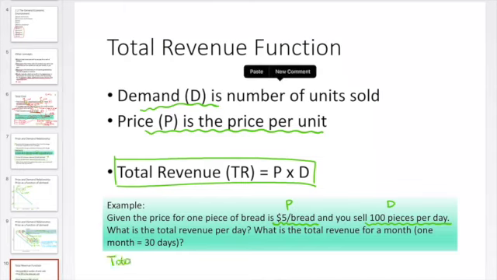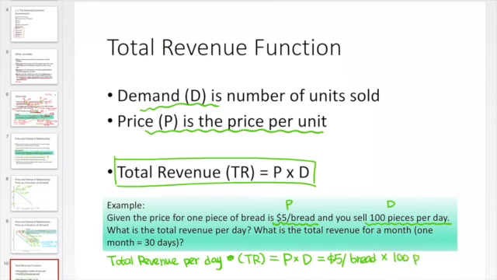So total revenue per day is gonna be, you can write it as TR, right? It's gonna be what? Based on this function, it's P times D, right? So P is $5 per bread.